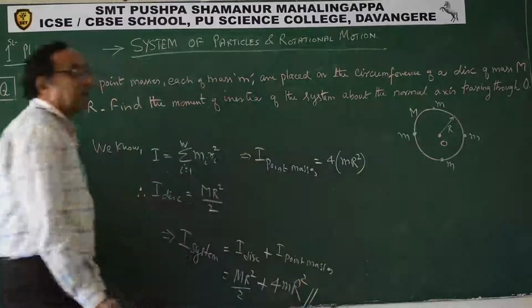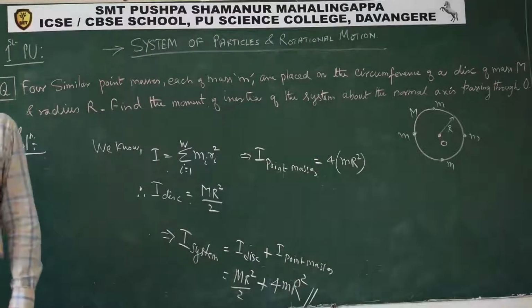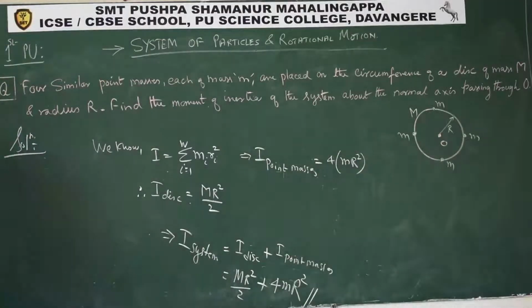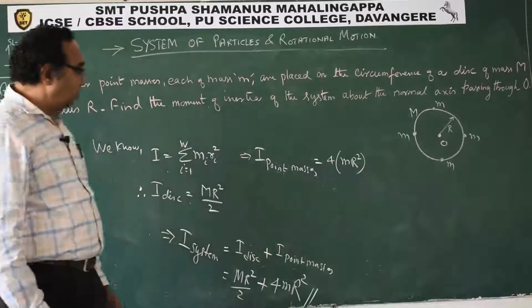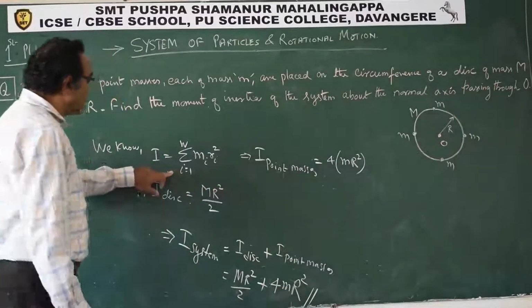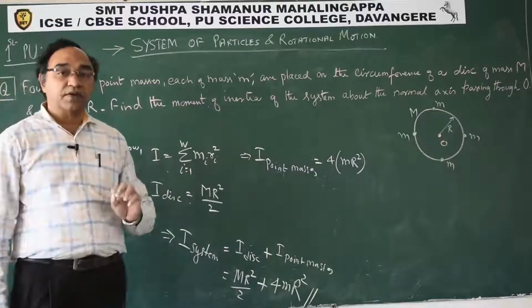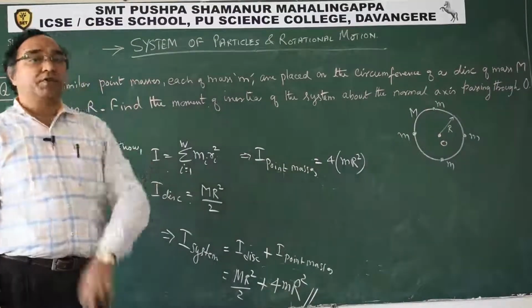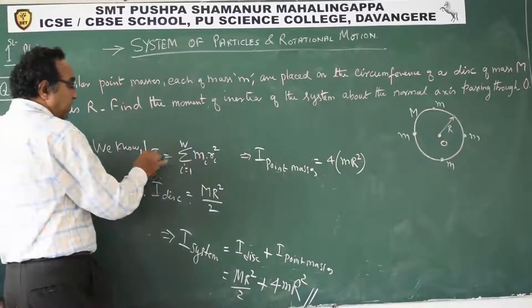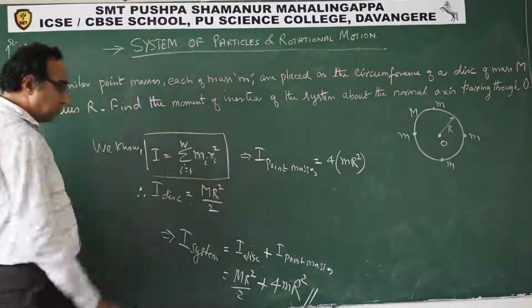This is exactly how we can find out the moment of inertia of the point masses about the given axis. If we know this one simple equation, from this we can work out what exactly is the moment of inertia. So this is a very important equation, students.